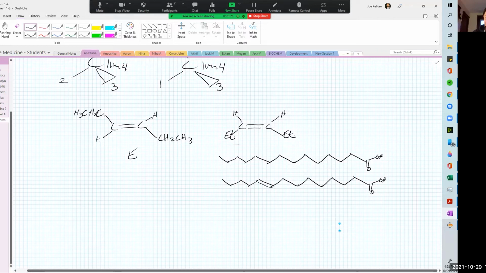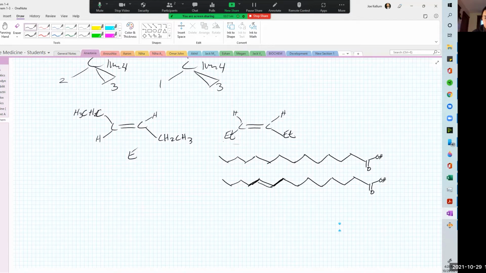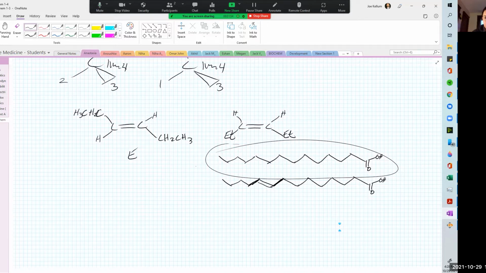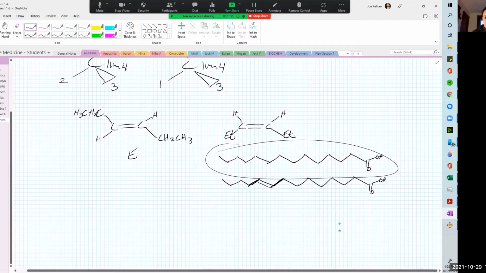So a double bond where you have the trans setup can mess things up a little bit, but in one plane at least, it will remain relatively the same. While it's not going to be able to pack as well as this one could, the reason this has the highest melting point of all the fatty acids of the same length is because they lay down on top of each other really nicely.